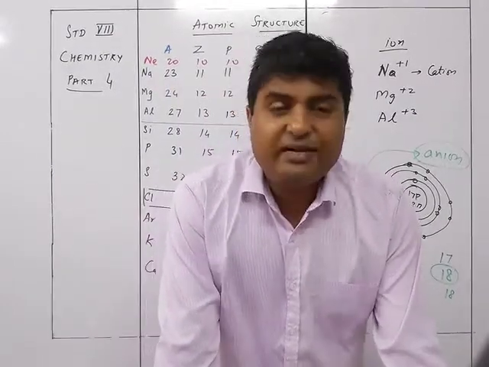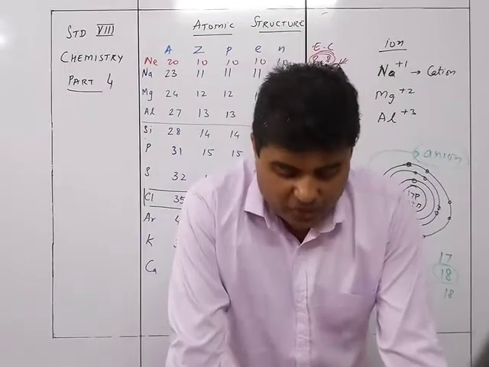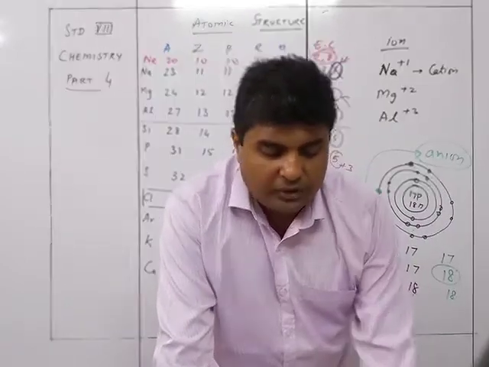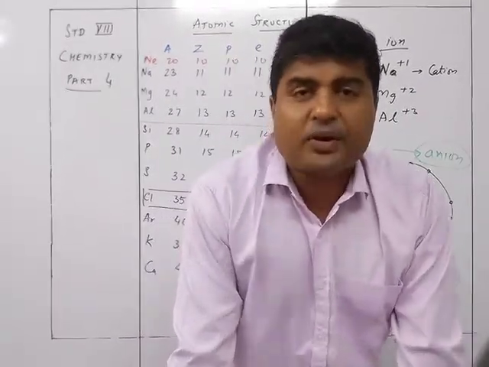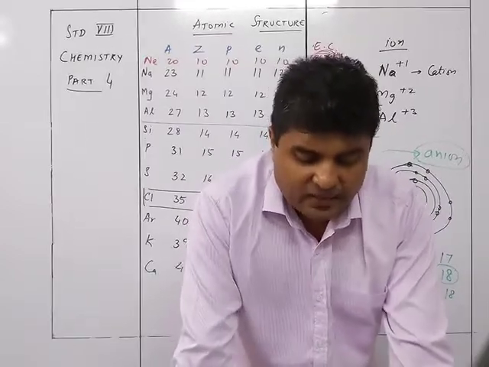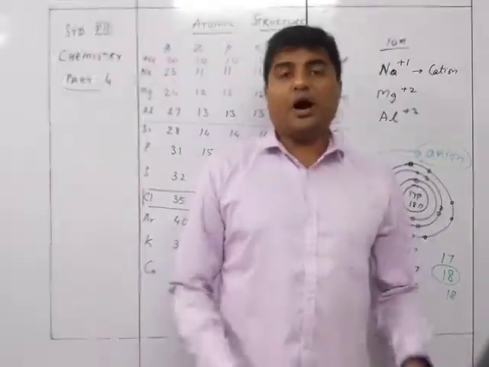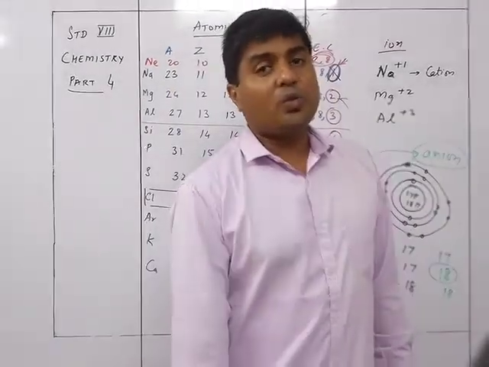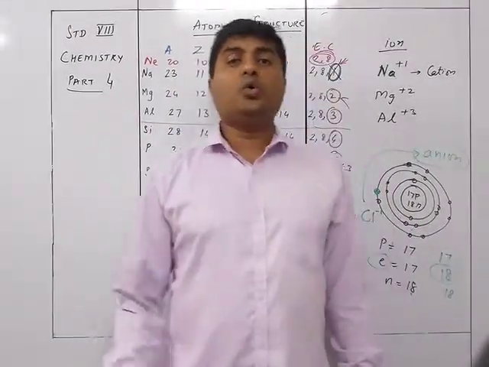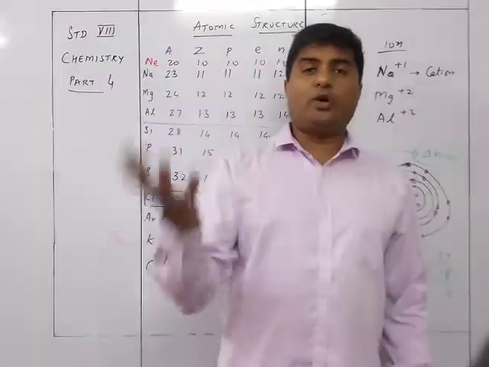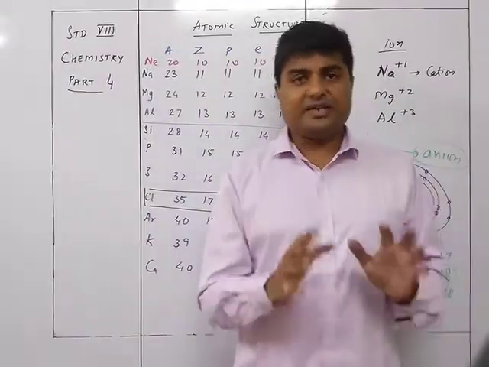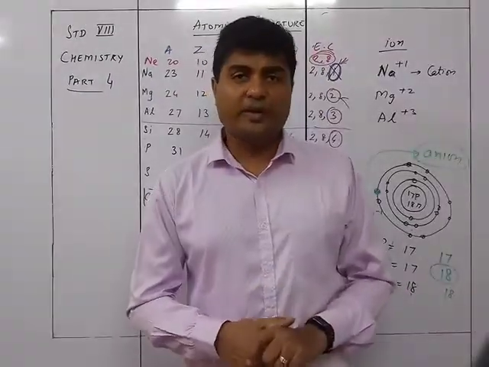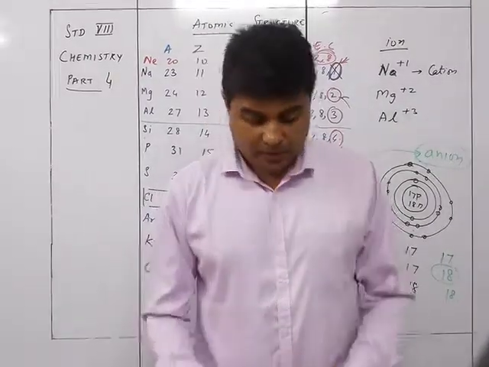And accordingly we have stable and unstable electronic configurations. Noble gases have stable electronic configuration, that is their valence shell is complete. The outermost shell of the noble gases is complete. They do not require any electrons to complete their outermost orbit. It is already 2 in the case of the first orbit and 8 in the last orbit.